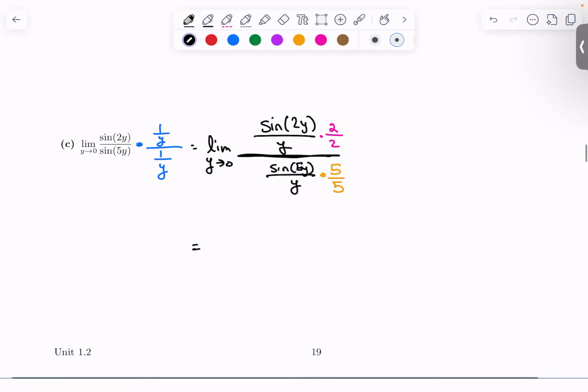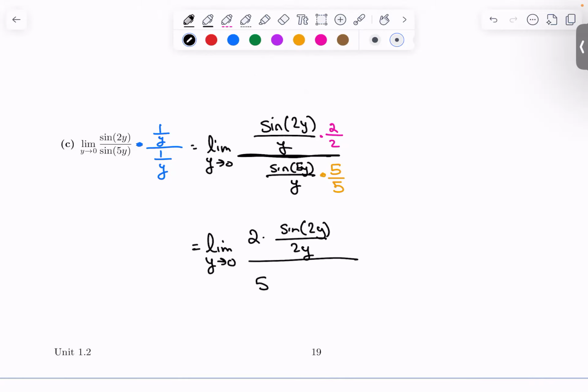Which gives us the limit as y approaches 0 of 2 times sine of 2y over 2y divided by 5 times sine of 5y divided by 5. Ta-da!